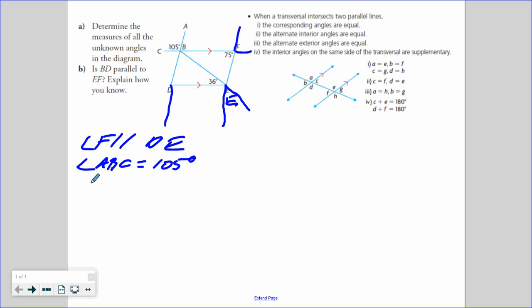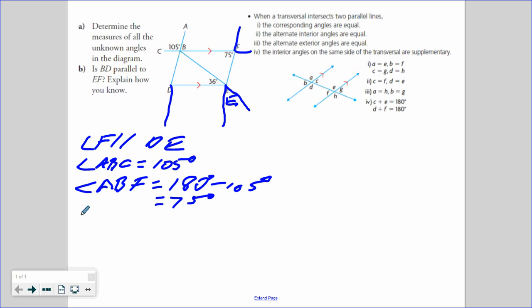So what we're actually looking for is angle ABF. Angle ABF is a straight line, which is 180 degrees, minus what we know, which is 105. So 180 minus 105 equals 75 degrees. Now we know this angle here is 75 degrees, and again, that's angle ABF.